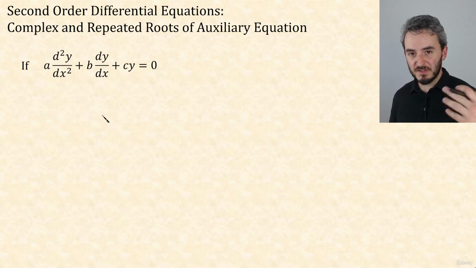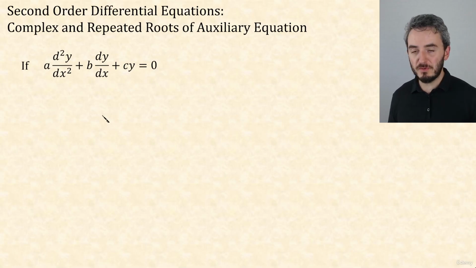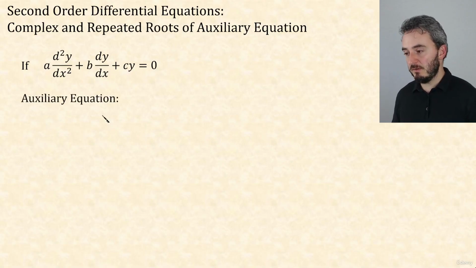So here's the summary that covers all three situations. If you have a second order differential equation with constants a, b and c, that forms an auxiliary equation, am squared plus bm plus c.